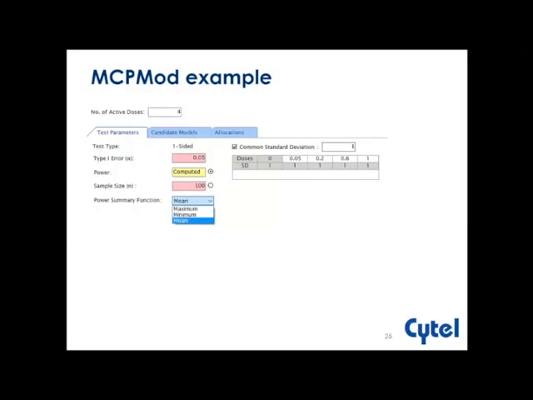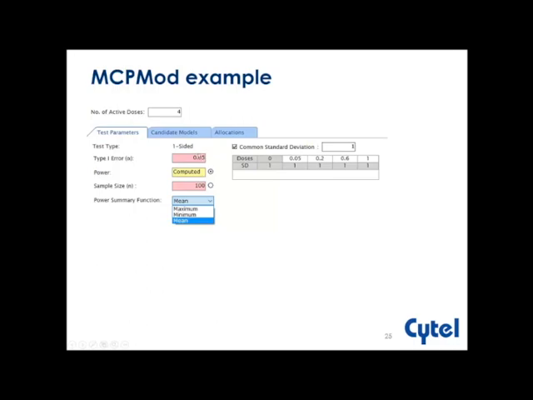In the first demo, I'm going to jump back to MCPMod. In this example, there are going to be 4 active doses. So if we include the placebo, there's going to be essentially 5 doses: 0, 0.05, 0.2, 0.6, and 1.